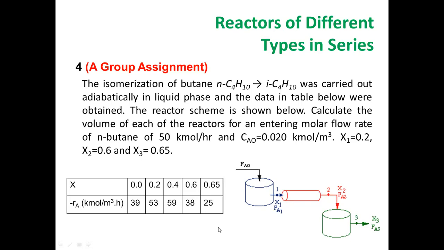Now in here on the left side, you have the rate, the corresponding value of the rate given the conversion. So I think you fully already know how to process the essence or the importance of this pair of data. Why provide the conversion and rate value for this particular reaction, the isomerization of butane, which was carried out adiabatically?